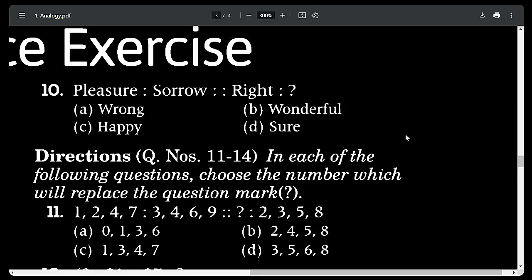Who is ready to give the answer? First, you work on the numbers. What is happening between the numbers? You can check the difference or you can check their sum, etc.